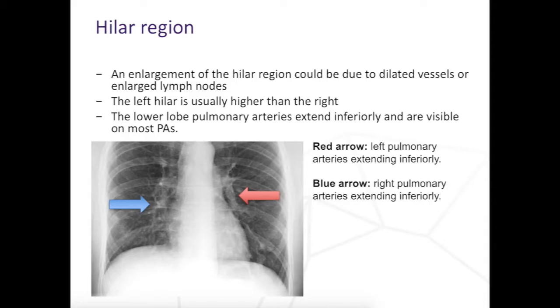The hilar region is a collection of blood vessels and the main bronchus. The posterior and the inferior hilar region is often a lot thicker.